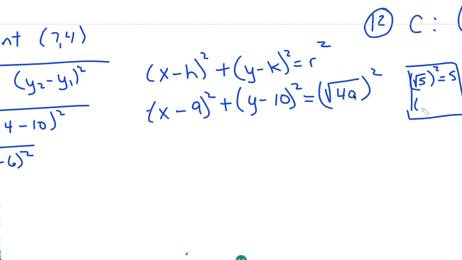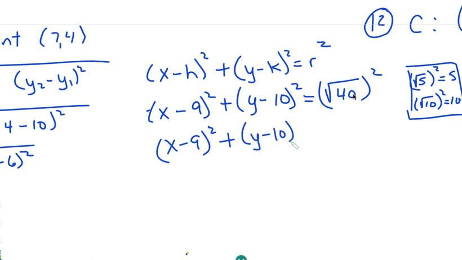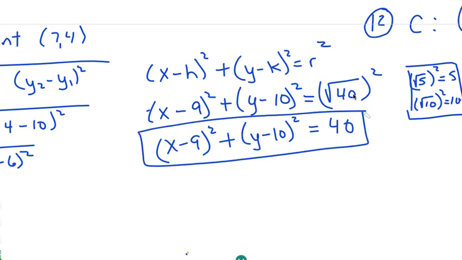So the square root of 10 squared is going to be 10. So my equation is going to be (x - 9)^2 + (y - 10)^2 = 40. And that is the equation of the circle, which has a radius of square root of 40, has a center of (9, 10), and has a point on the circle of (7, 4).